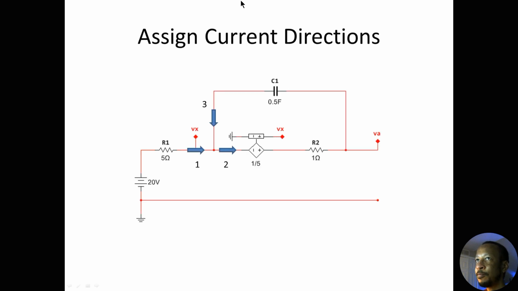Next I am going to assign current directions. You can assign current directions in any arbitrary way that you wish. There's no rule to this. It is just that whatever you assign, you must remain consistent throughout your analysis.